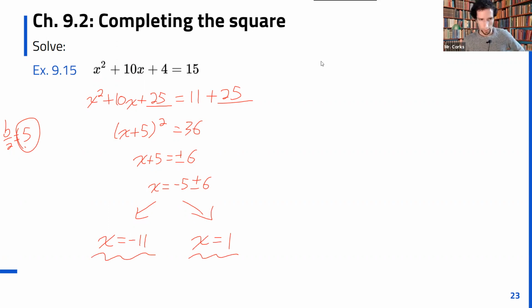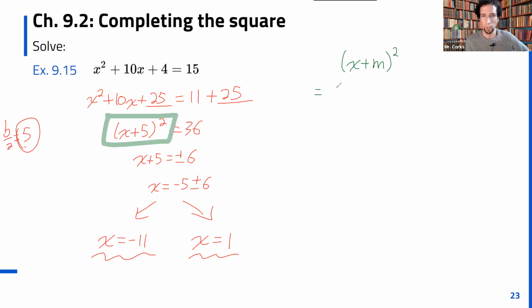Professor, I'm a little bit confused in the second step, which is x plus 5 squared. How did you make it like this? Okay, remember we looked at that pattern, x plus m squared.